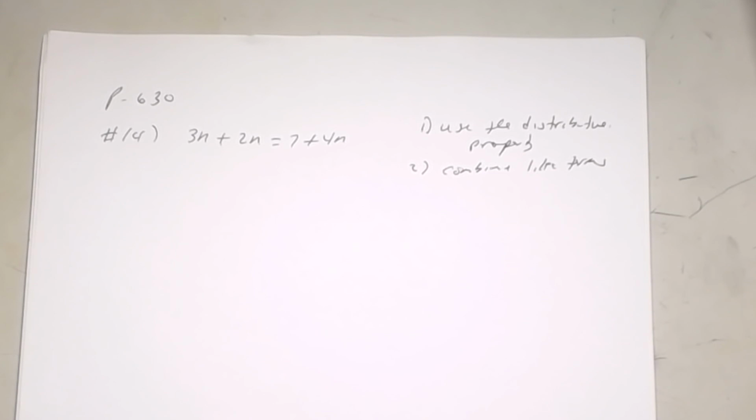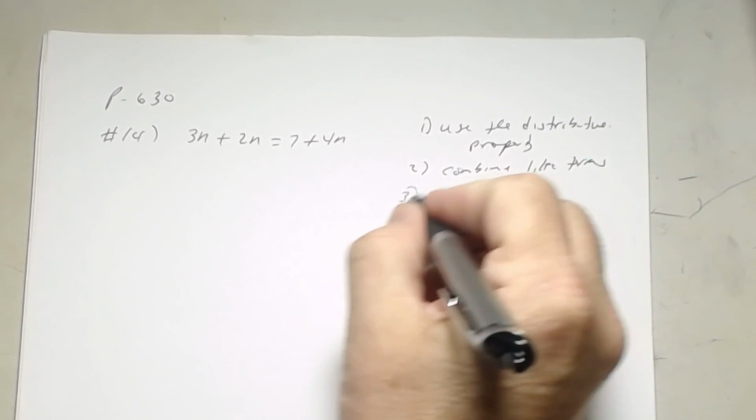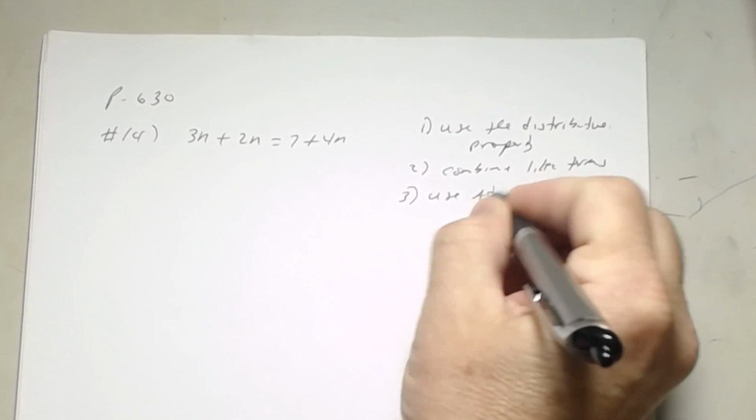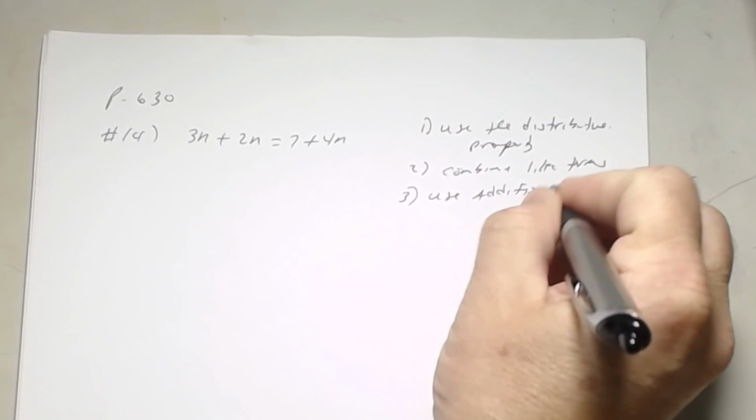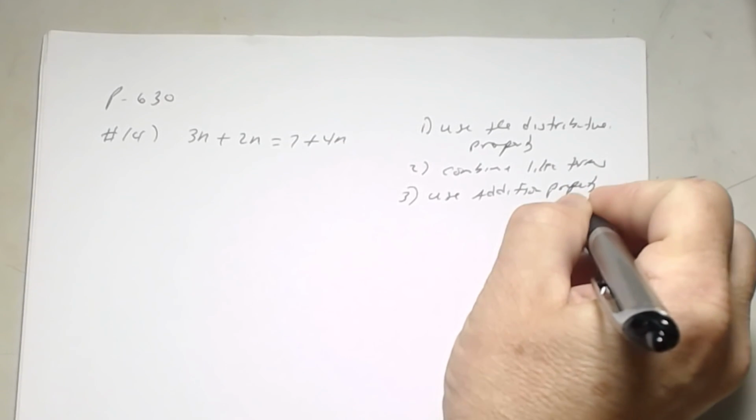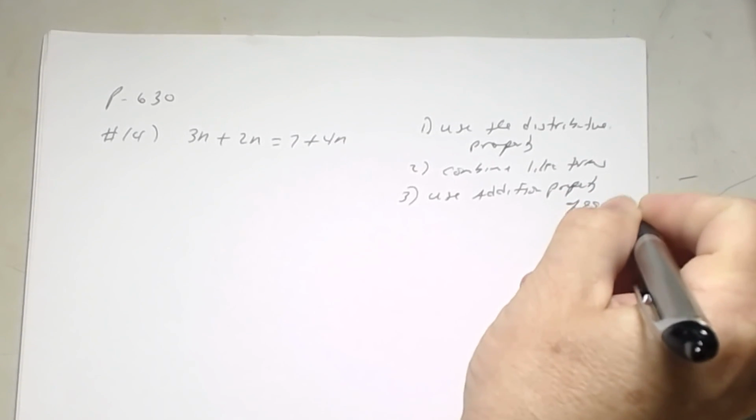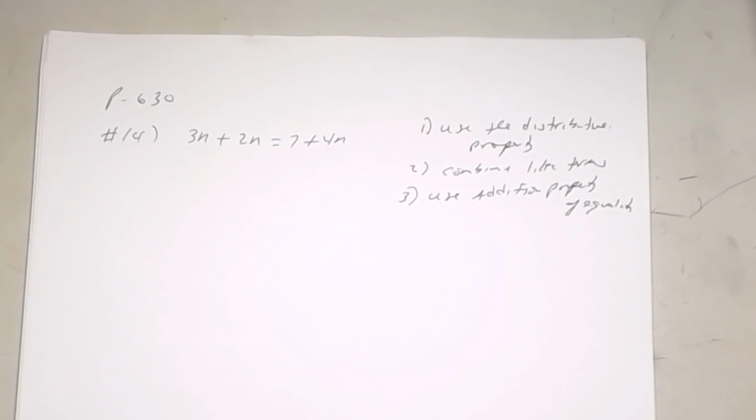And then the third step after that is to use the addition property of equality. We talked about that in a previous lesson. The addition property of equality will help us to get the variable by itself. Remember, we're trying to get the variable by itself.